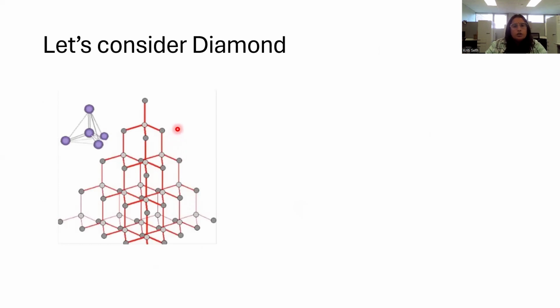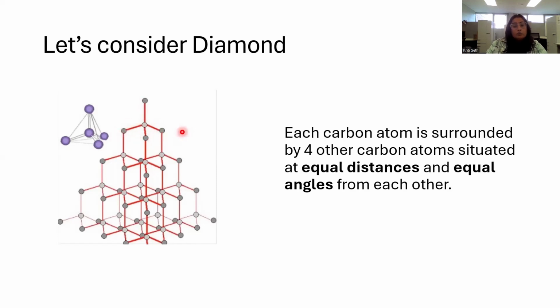It tells you that each carbon here is bonded to four other carbon atoms, right? And we see that these atoms are situated at equal distances and at equal angles. So this bond angle is the same as this bond angle and this bond angle, okay?